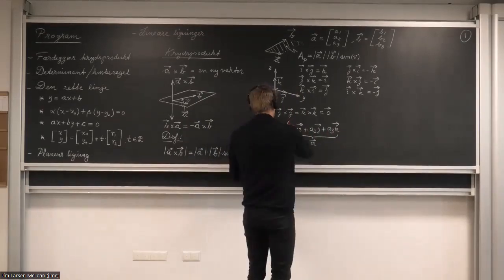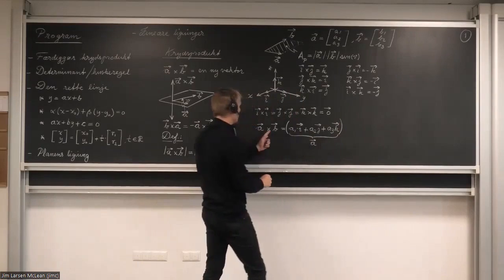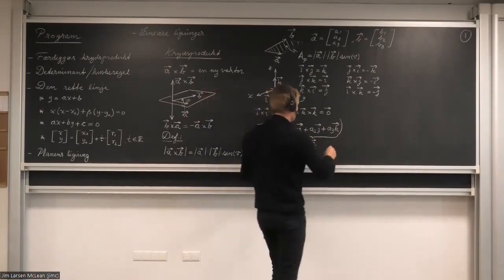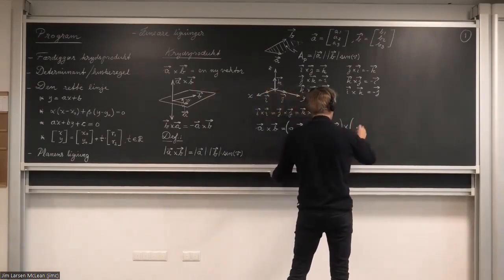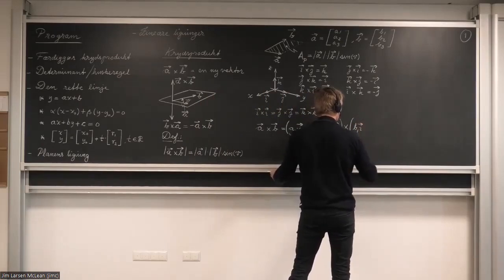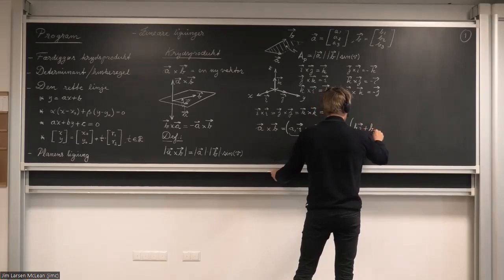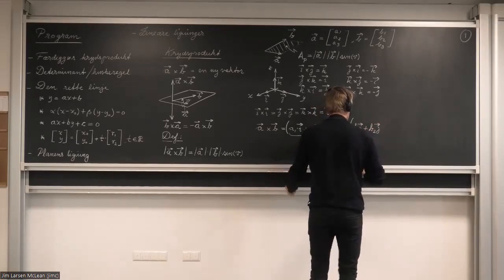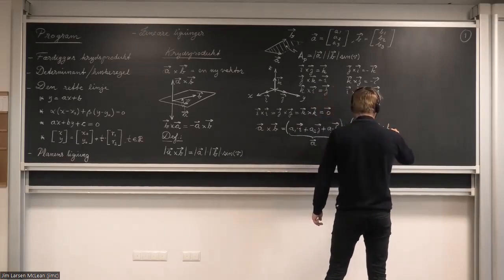And this vector, I would really like to cross it with the B vector. The B vector can similarly be written as B1 i unit vector plus B2 j unit vector plus B3 k unit vector.